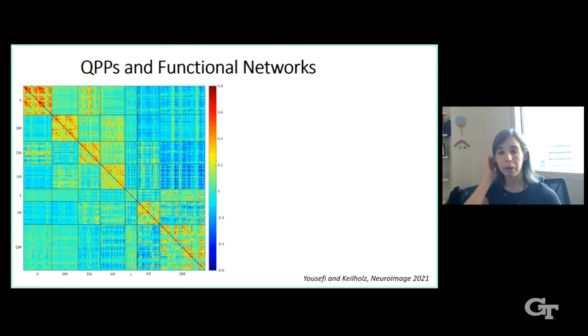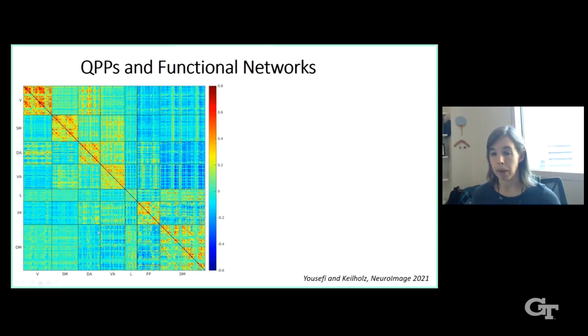So we wanted to see how QPPs and this average functional connectivity were related, just to understand things better. This is that matrix I showed you before, where we have 360 areas by 360 areas, high correlation in red, anti-correlation in blue. Now, this would normally be symmetric because we're calculating correlation, but in the top right matrix here, I'm showing the original correlation, and here is the correlation at bottom left after we've regressed out that primary QPP.